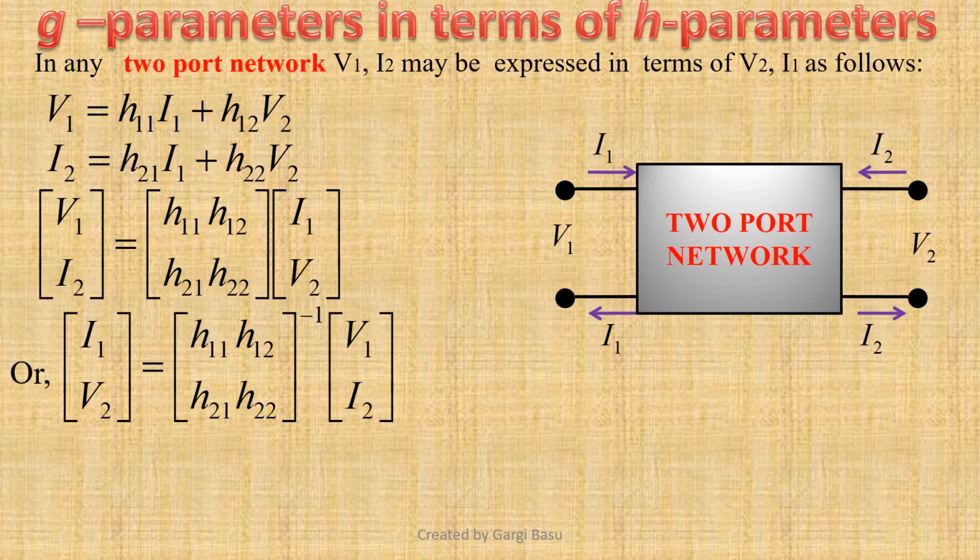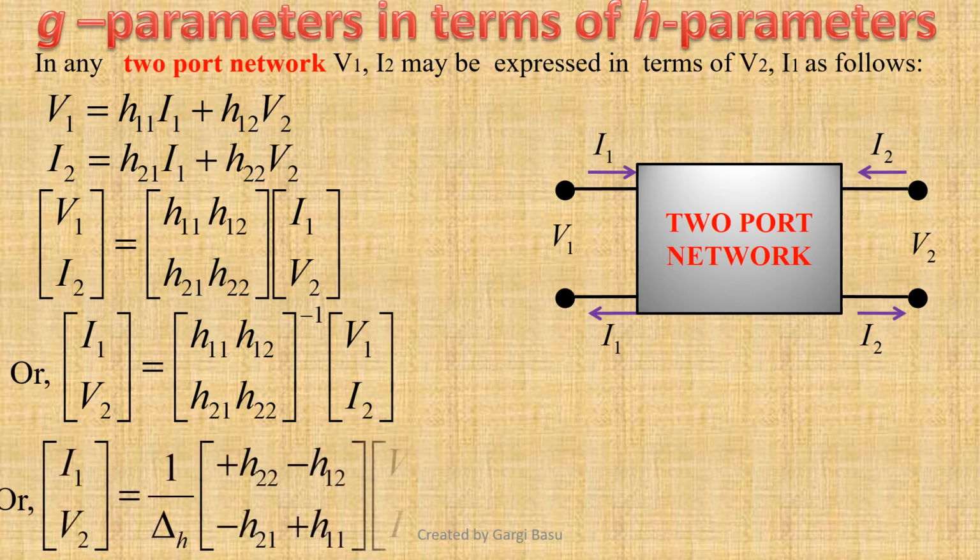Or we can write matrix of I1 V2 equals 1 upon delta H into matrix of H22 minus H12 minus H21 H11 into matrix of V1 I2, where delta H equals H11 H22 minus H12 H21.